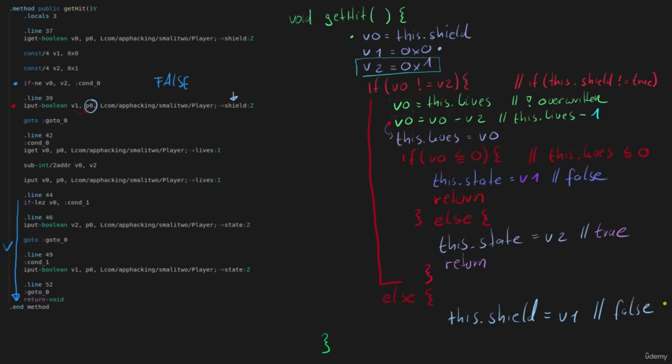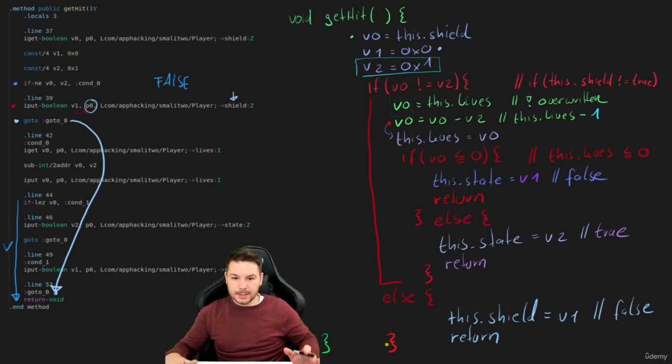Nice. Then we've got our go-to label, and this go-to label we can see here. So we are jumping right down here, and then we are simply returning out of this function. Okay, that's good. So we are done. This is our code. It fit to this page, which I'm very happy about.